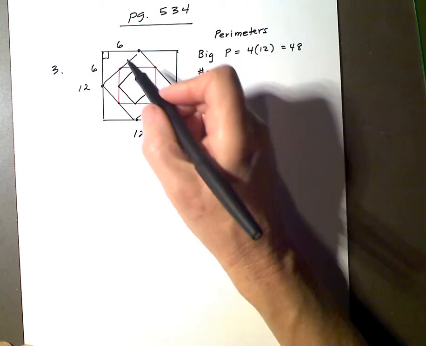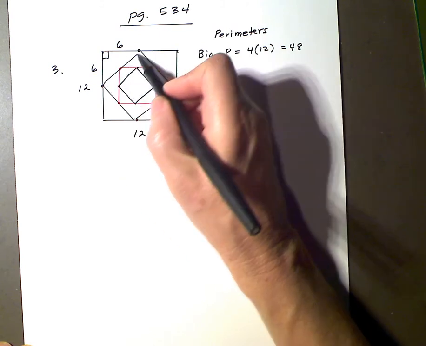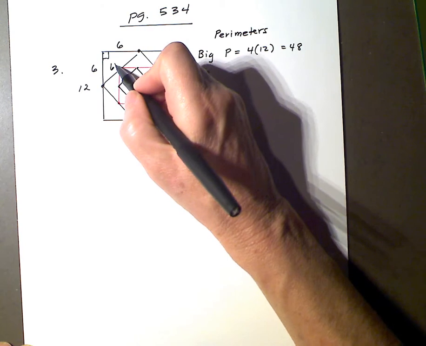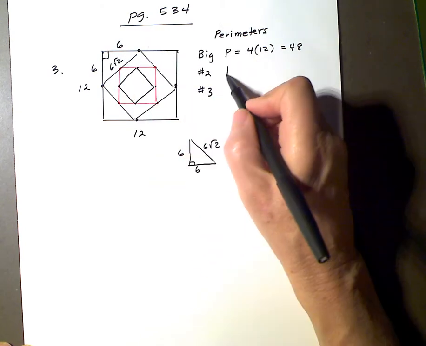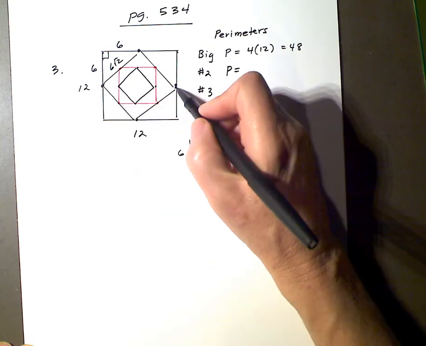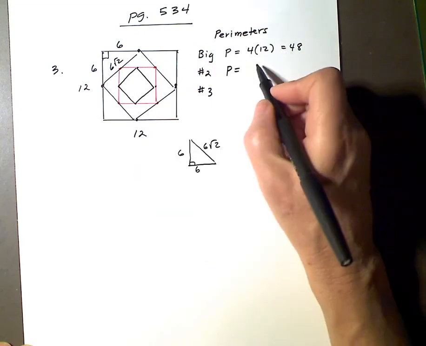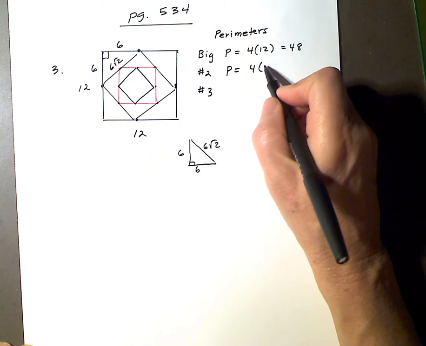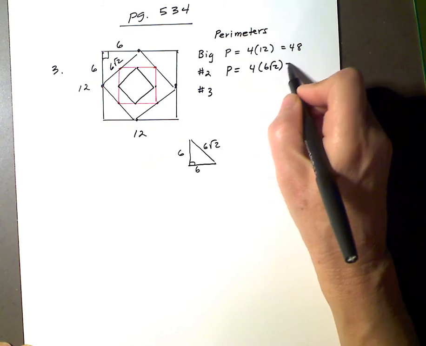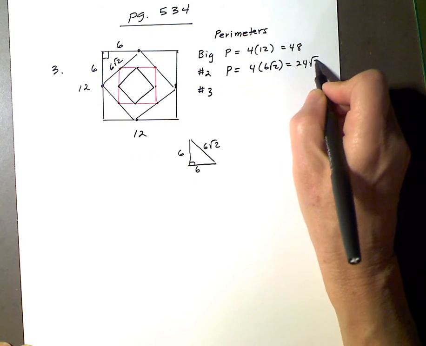So that means this length across here is 6 root 2. So these sides are each 6 root 2. So the perimeter of the number 2 square in here, the second biggest square, is 4 times 6 root 2, or 24 times the square root of 2.